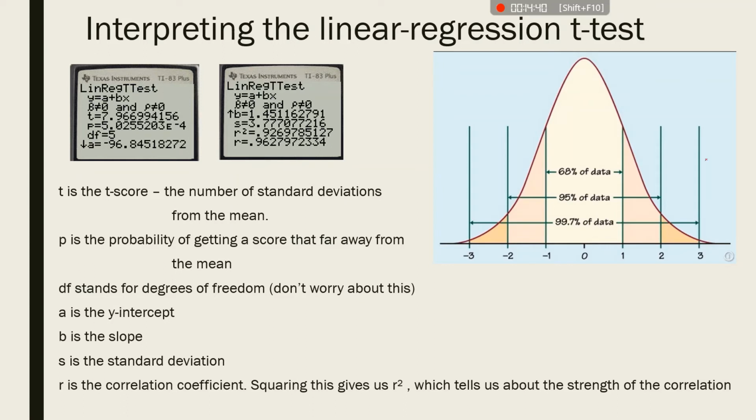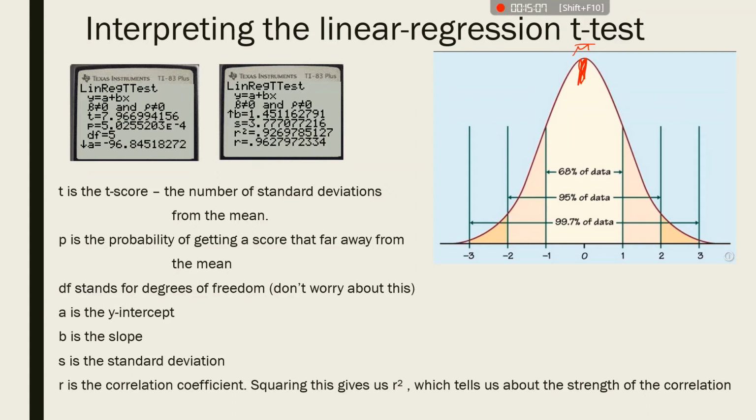So it's very similar to what we did with our z-tests and t-tests from quarter 2, where we've got an average and then we're so many standard deviations away from average when testing for our linear regression t-test.